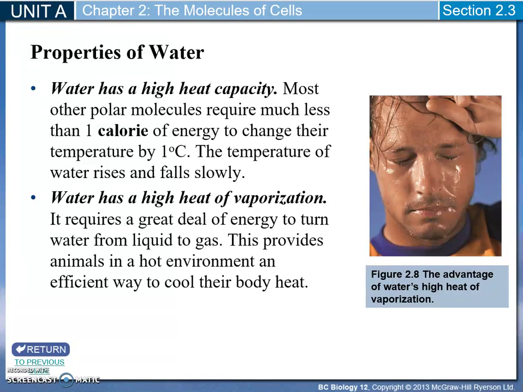It also has a high heat of vaporization, which means that it requires a lot of energy to turn water from a liquid to a gas. This provides animals in hot environments with an efficient way to cool their body and maintain optimum temperature.